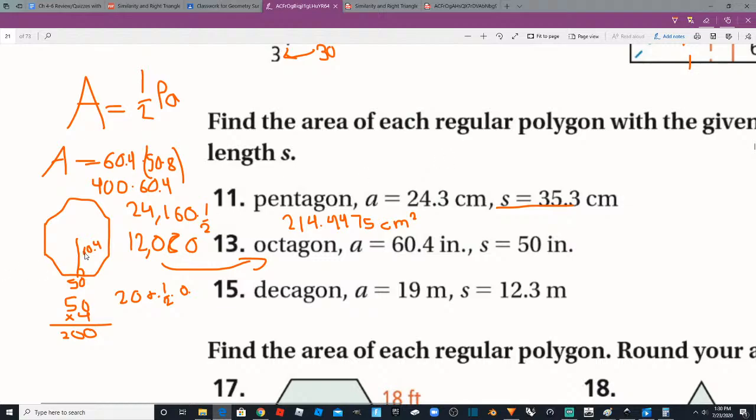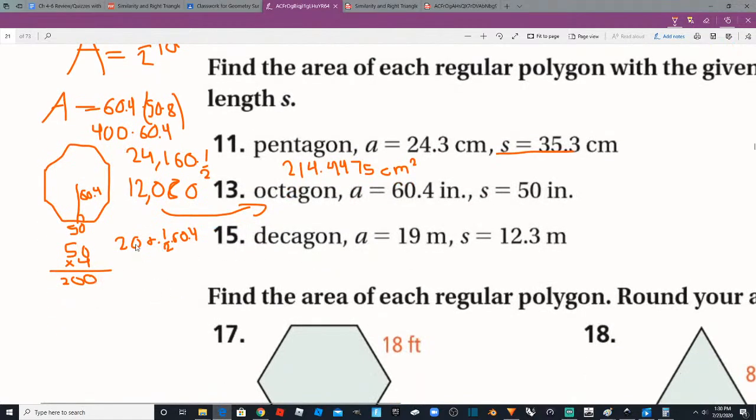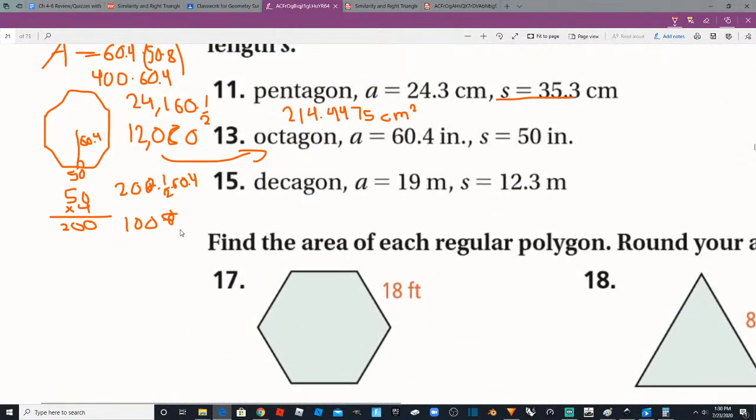This is supposed to be 60.4. Yeah, it's a bit confusing. 200 times 1/2 is 100, so we have 100 times 60.4.